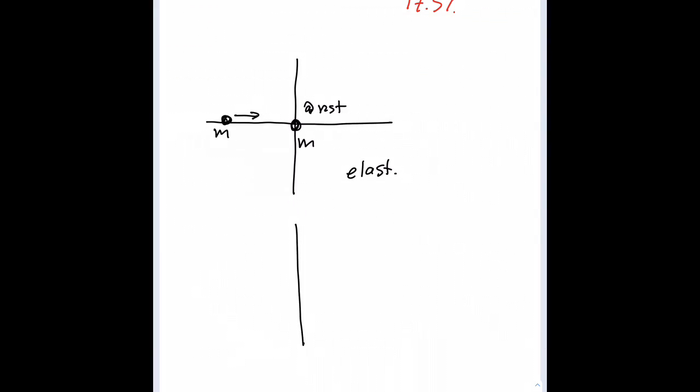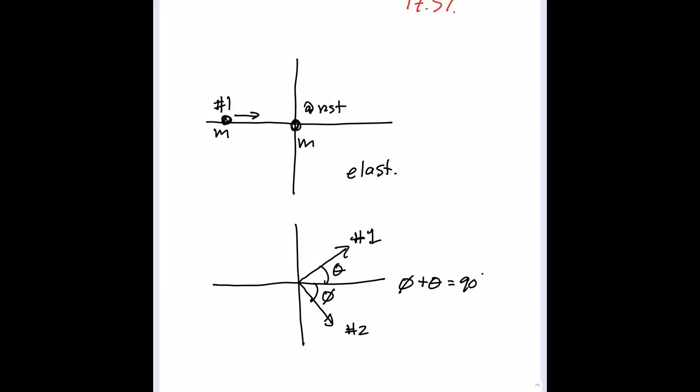After the collision, if object number 1 moves off at some angle of theta, then object number 2 is going to move off at some angle, maybe we'll call it phi, but the rule is phi plus theta has to equal 90 degrees in this special case where the masses are equal and the collision happens to be elastic, and I leave that up to you to prove.